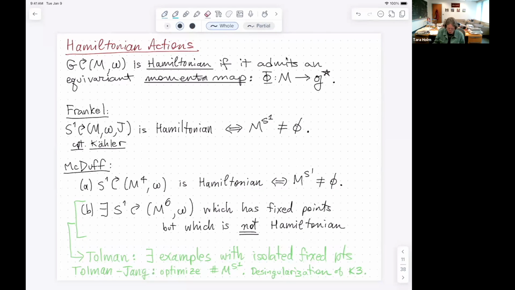And Tolman and Zhang have these optimal examples, I think, where they just have two fixed points, but I'm going to get it wrong, so I'm not going to say. In any case, they have optimal examples.